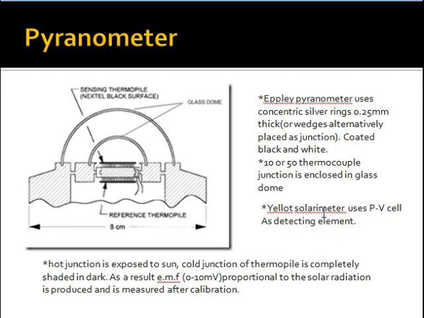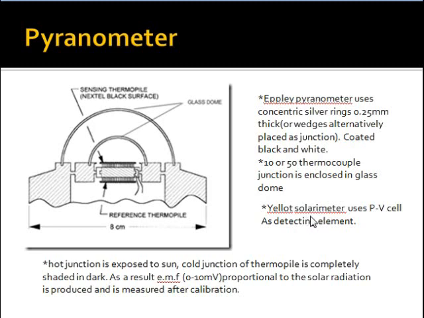This solarimeter has one disadvantage: the PV cell is sensitive to a certain band of wavelength. That is why at different positions of the sun, the measured reading will be different.